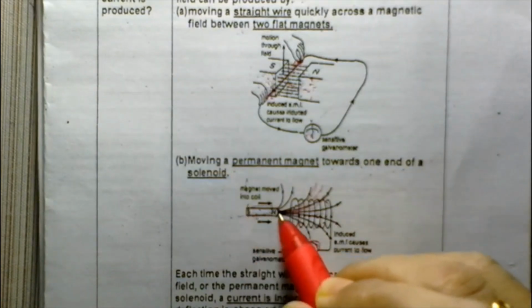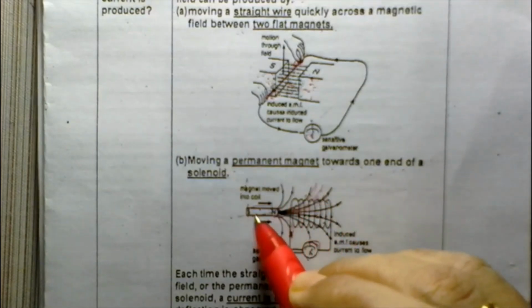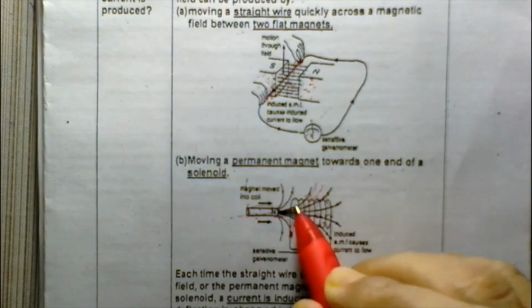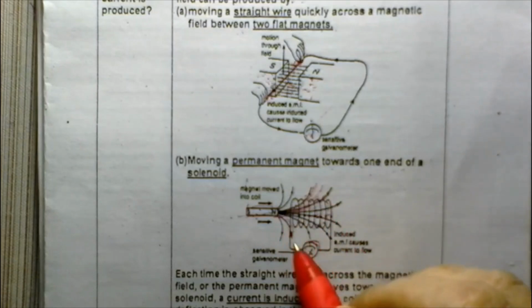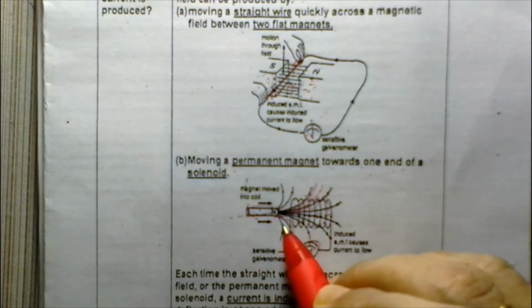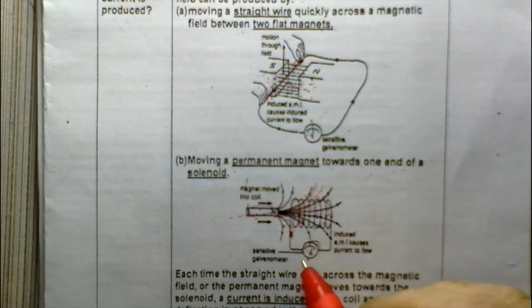The bar magnet has its own magnetic field lines or magnetic flux. Once you move the bar magnet towards the solenoid, it will cut the magnetic field lines of the bar magnet and produce a changing magnetic field. The changing magnetic field of the bar magnet will induce current that flows in the solenoid. Thus, the sensitive galvanometer will show deflection.